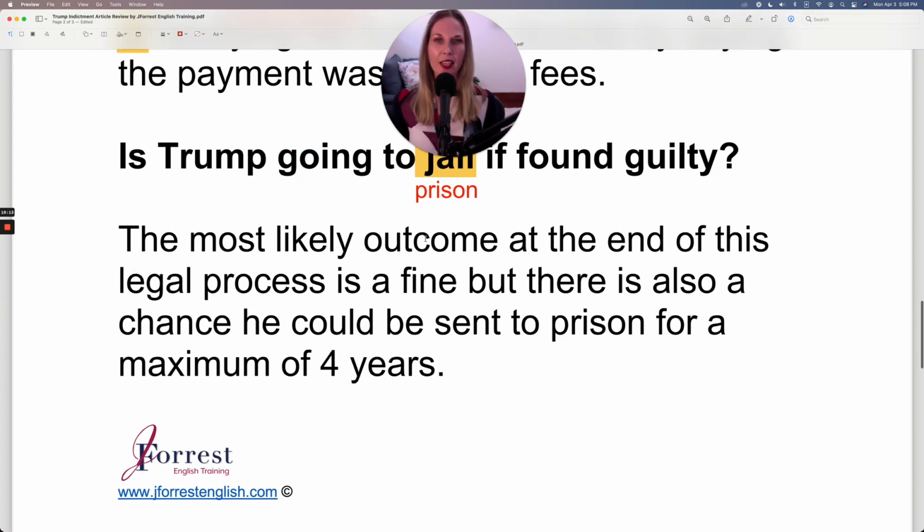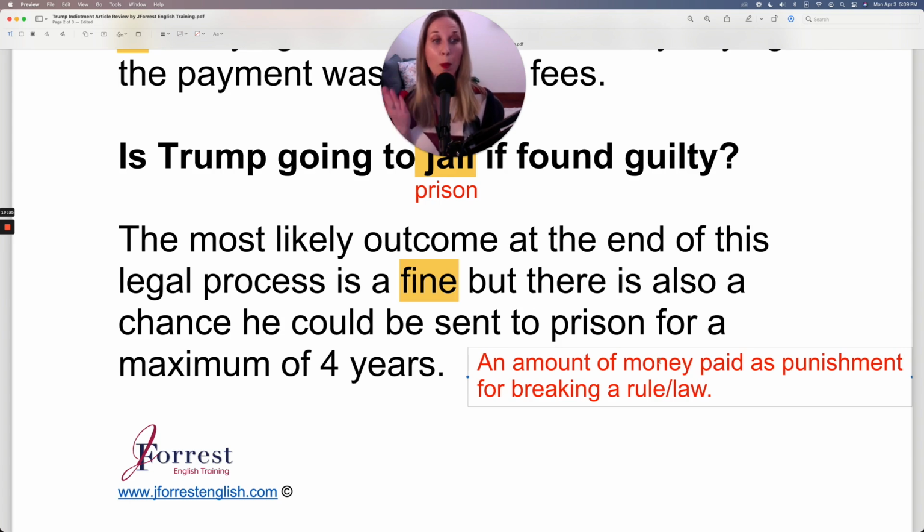The most likely outcome, so the outcome is what happens. So the most likely end to this story is what? At the end of this legal process is a fine. So the most likely outcome, what's going to happen, is that Trump will pay a fine. Let's talk about a fine. This is a noun, and it's an amount of money paid as punishment for breaking a rule or law. Most of us are familiar with this with parking, or something to do with driving a car.